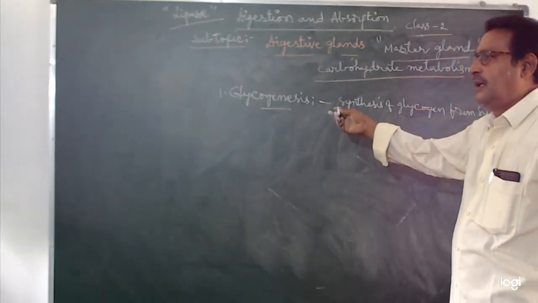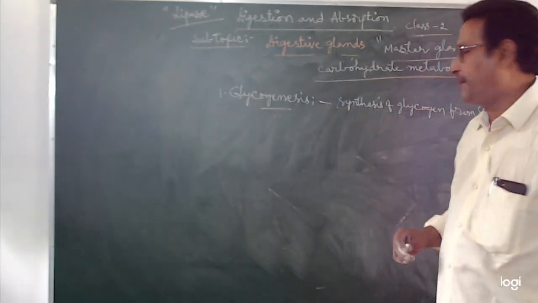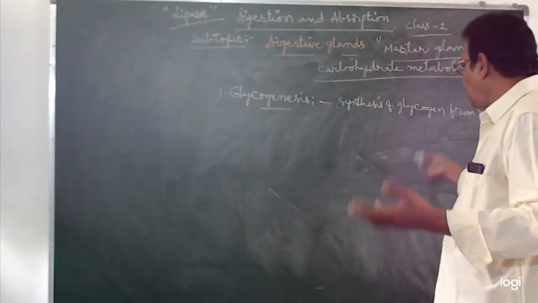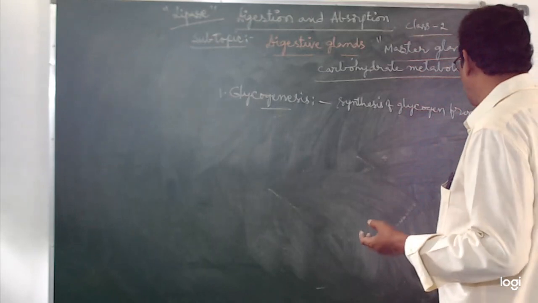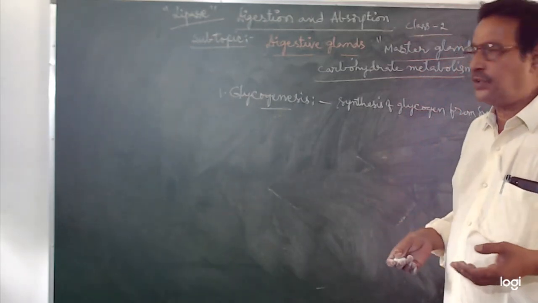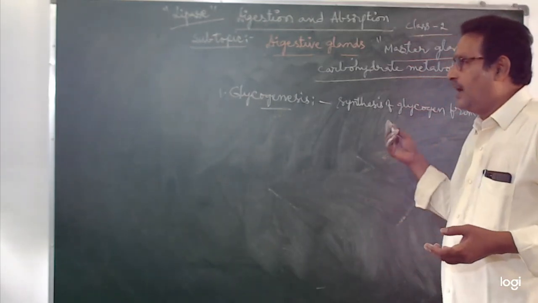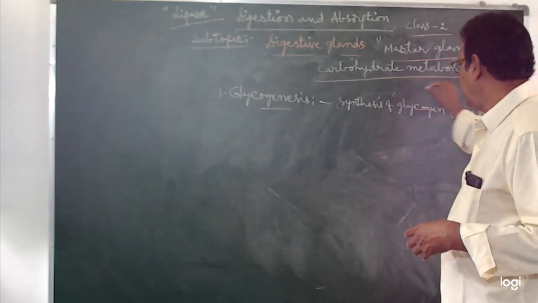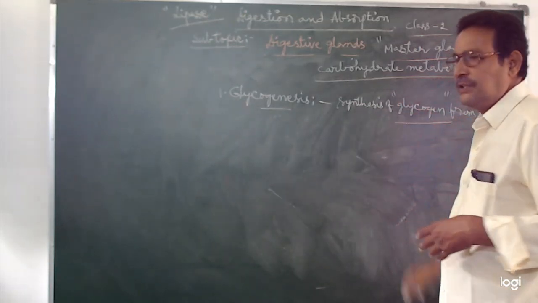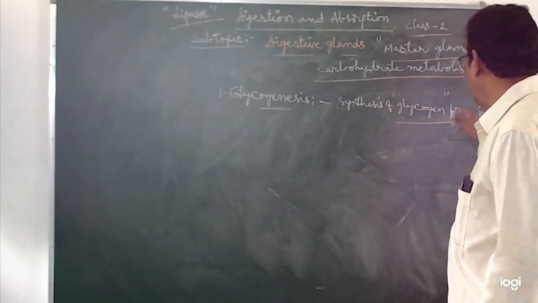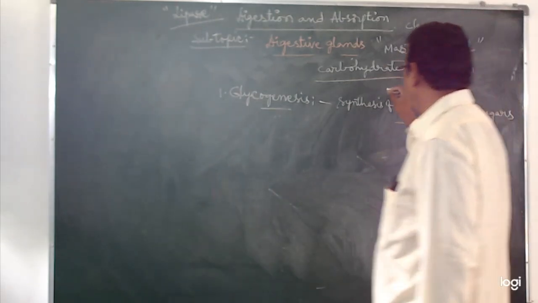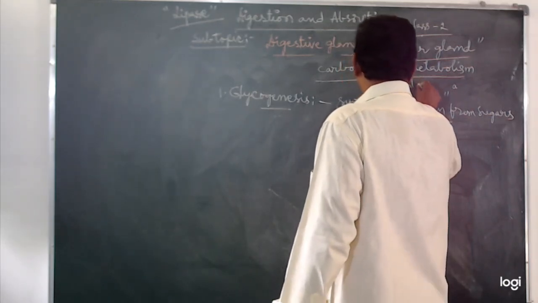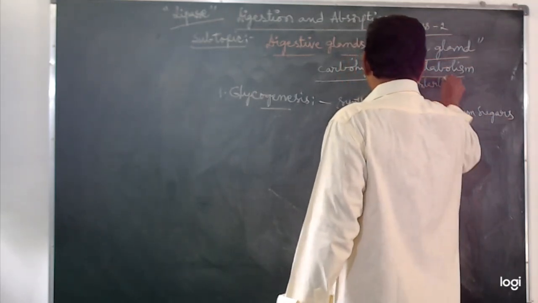Glycogenesis takes place in the liver. The synthesis of glycogen from sugars is called glycogenesis, which occurs in the liver. That glycogen is stored in the liver. We can say it is animal starch.